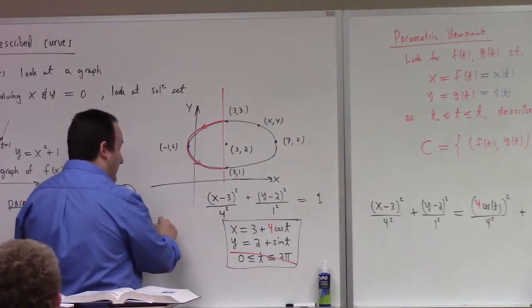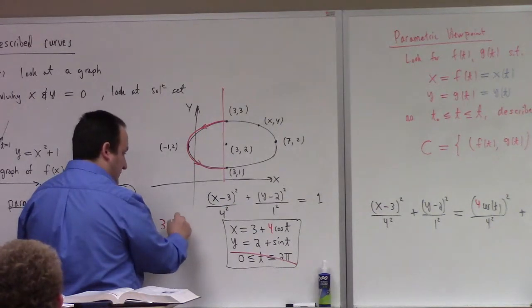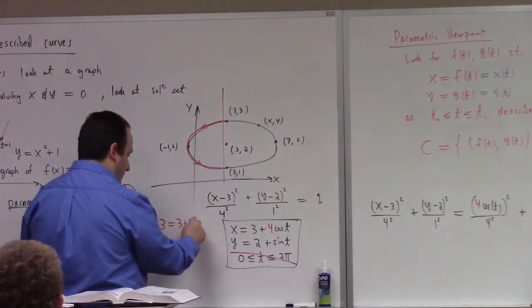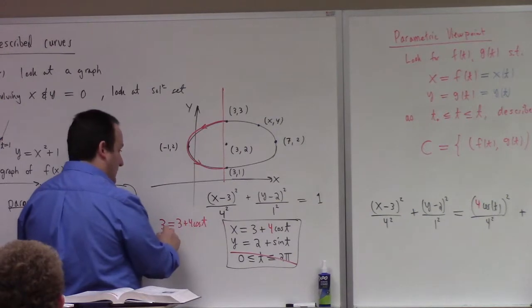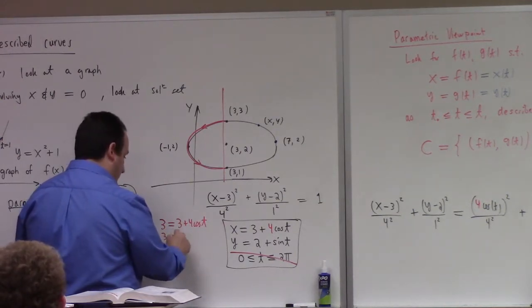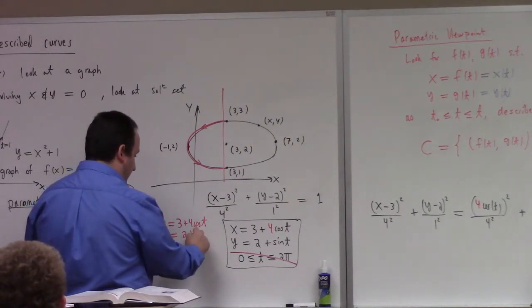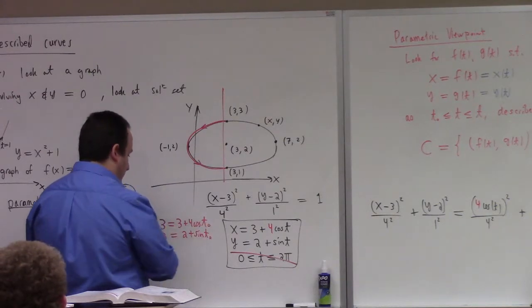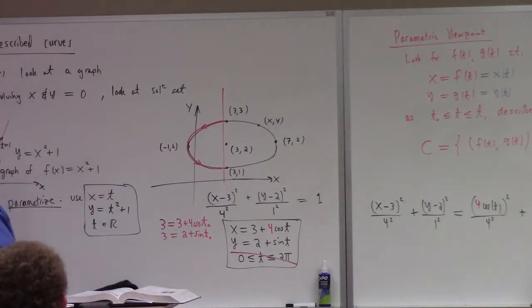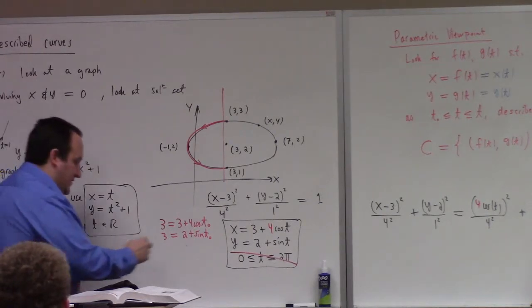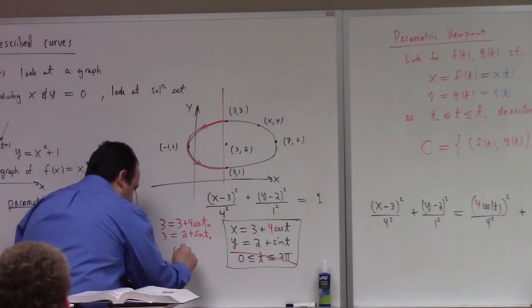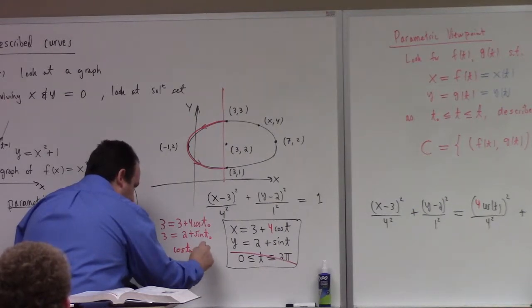Sure. We want x equal to 3 plus 4 cosine t, and we want y equal to 2 plus sine t for our t naught, right? What does that tell me? This tells me that I need cosine of my initial time to be 0.